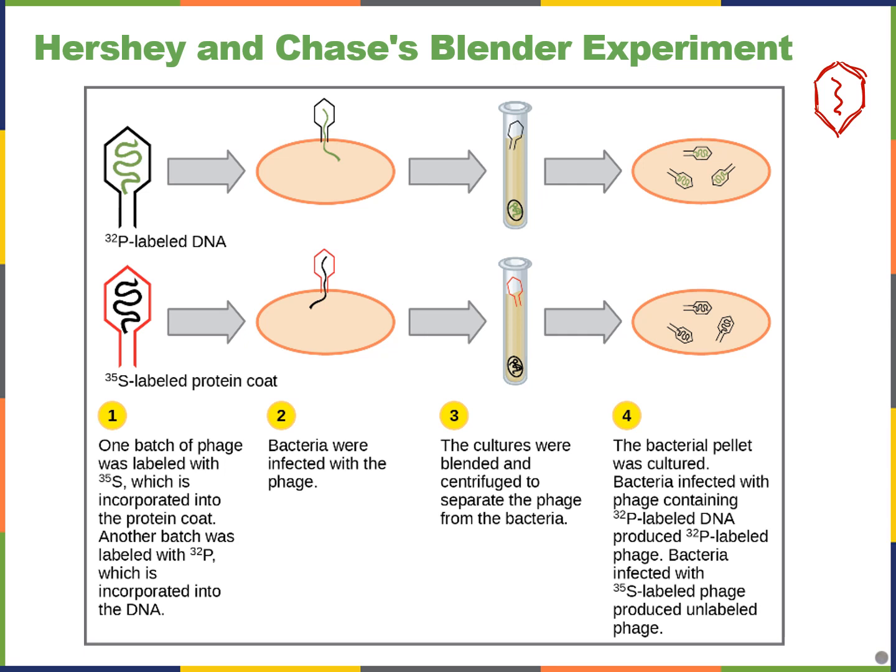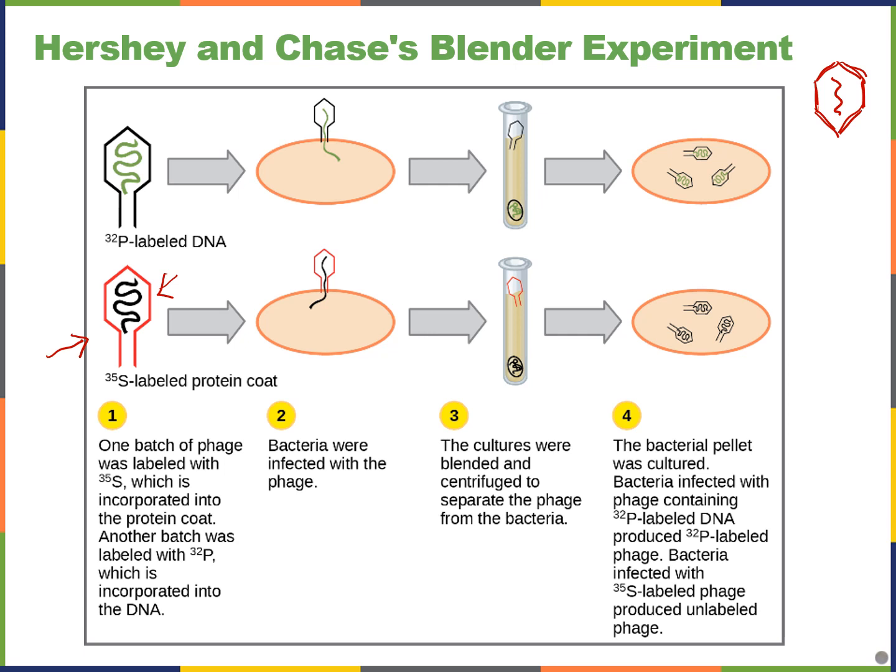So to perform this experiment, Hershey and Chase used some important information regarding proteins and DNA. They know that sulfur is found in protein, but not in DNA. So in one batch of the bacteriophage, they labeled the protein coat, the outside shell, which is shown in red here, of these bacteriophage.